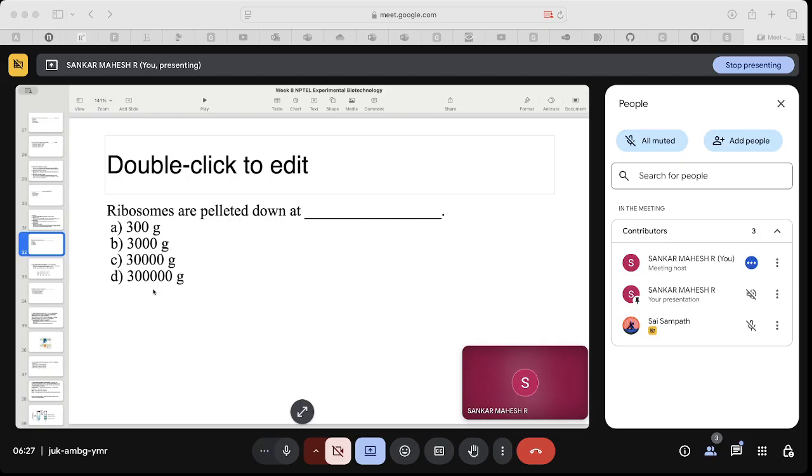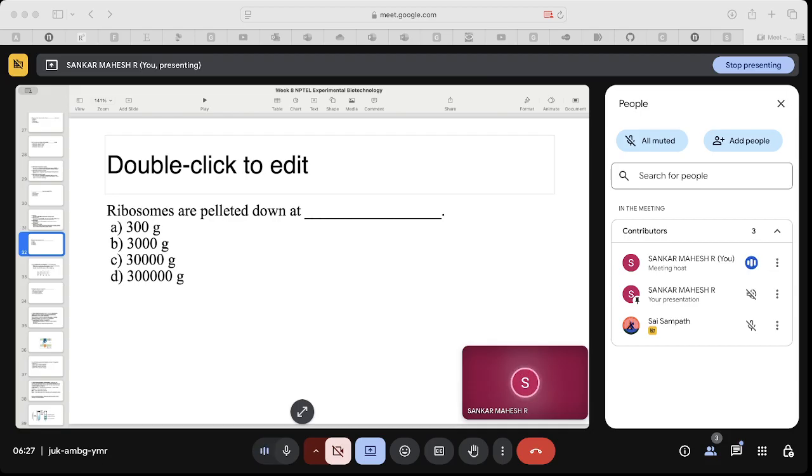Sir, RPM and G are different units. You just need to multiply it by 9.8, right? RPM and RCF. No, I always use it in RPM, so that's why I didn't remember G. Okay, there is one thing called RPM, and one thing called RCF.